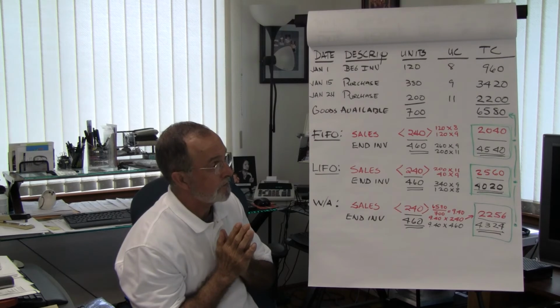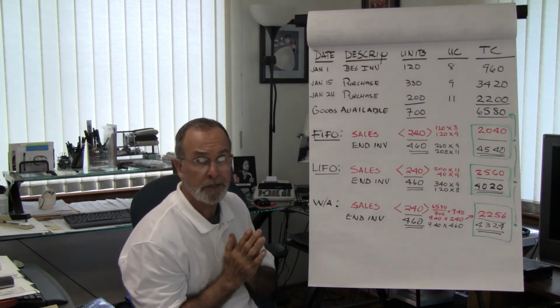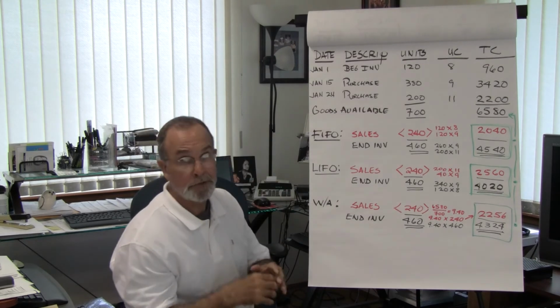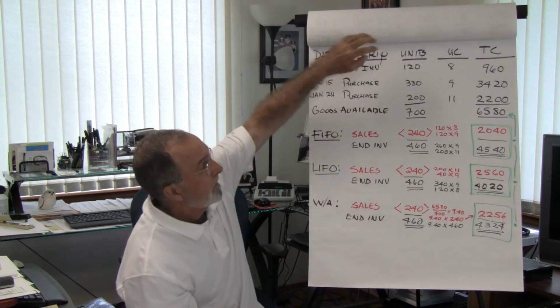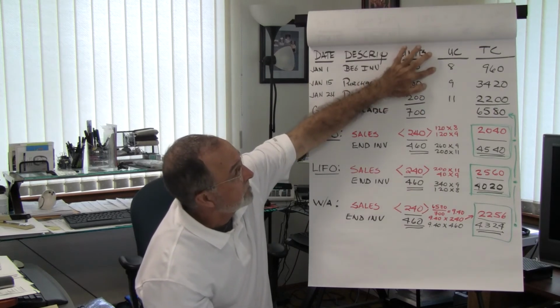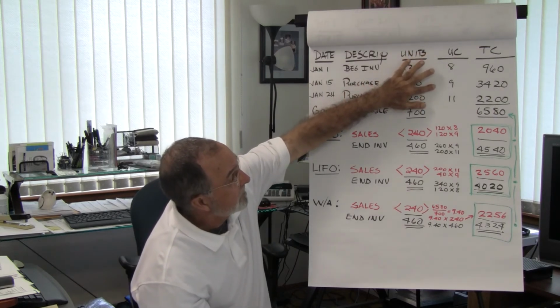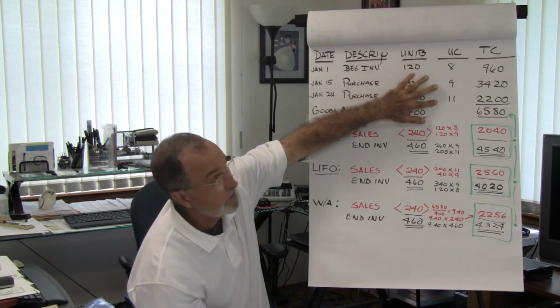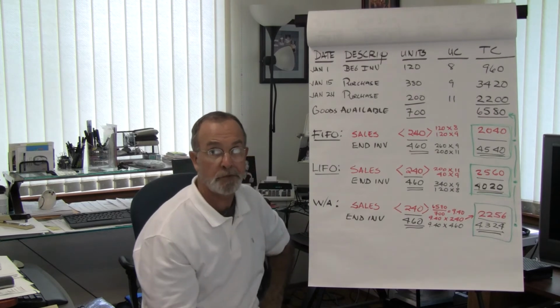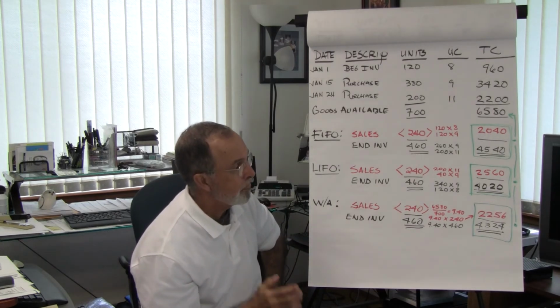What the book says is during inflationary times, during times of rising prices, and that's what our scenario here shows. We went from $8 a unit to $9 a unit at mid-month to $11 a unit towards the end of the month. So our unit cost has been rising during the month.